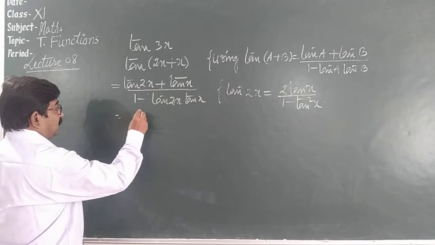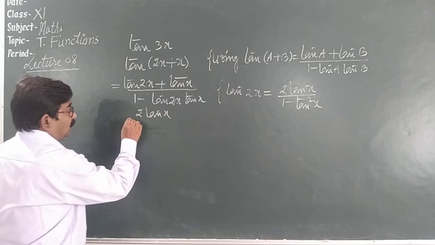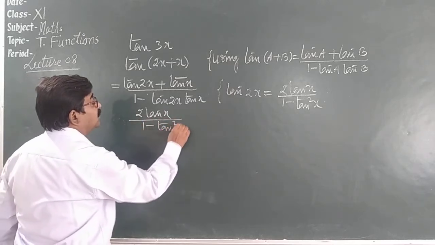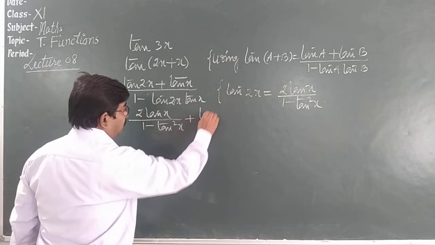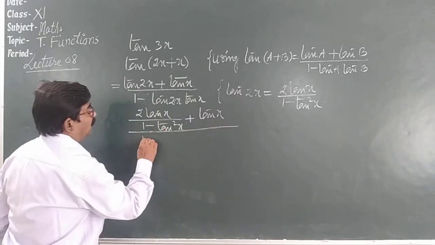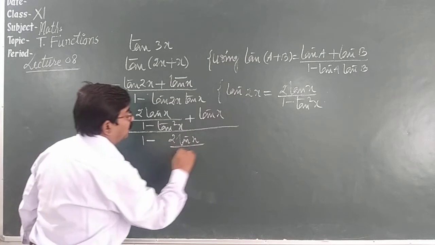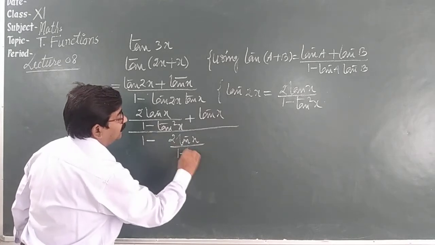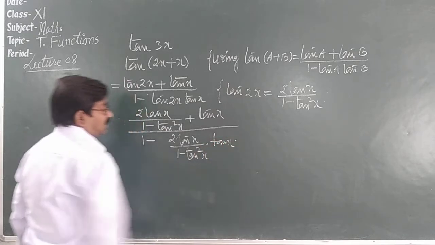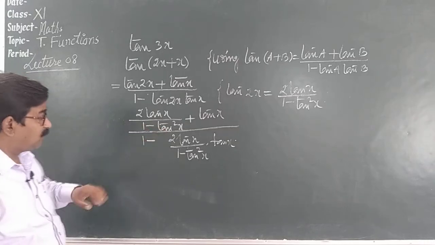So see, 2 tan x upon 1 minus tan square x plus tan x upon 1 minus 2 tan x upon 1 minus tan square x into tan x. Simplify by LCM. LCM is 1 minus tan square x here.